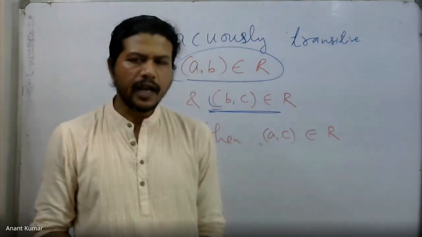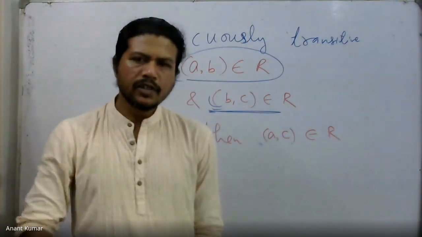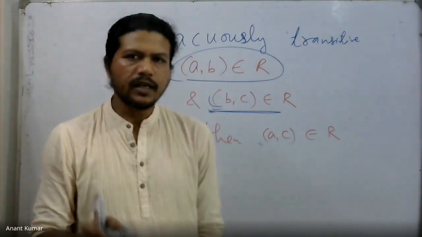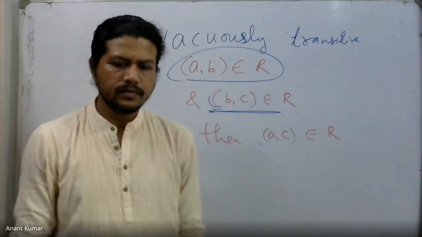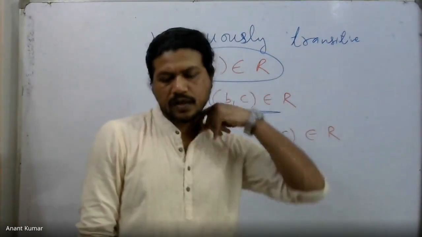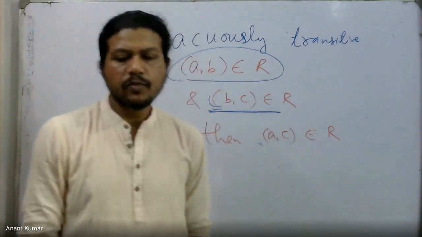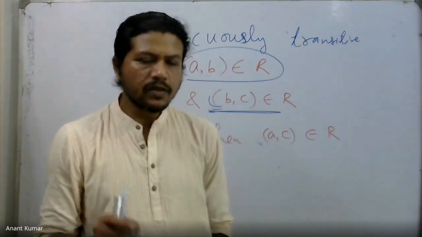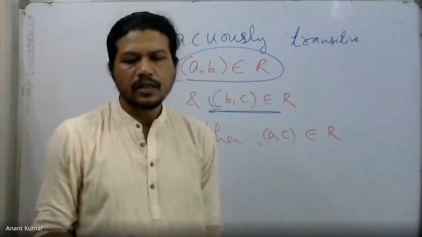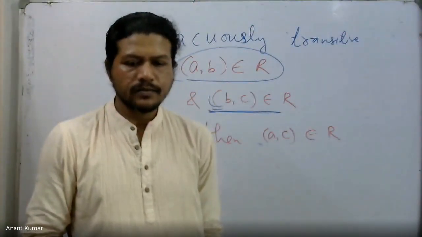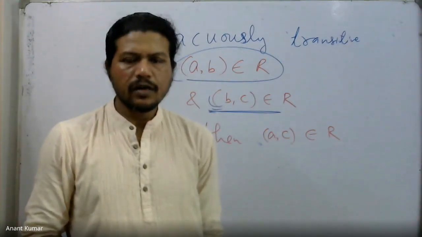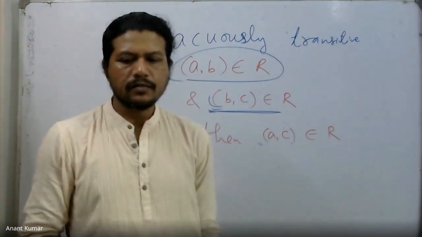If A, B is there and B, A is there, then A must be equal to B. So if A comma A is the one present, then it becomes antisymmetric. If A, B is present only, it cannot be said to be antisymmetric. But if A, B is the only element present, but B, A is not there, it actually is not symmetric either. If A and B are equal, in that case, it will become antisymmetric.